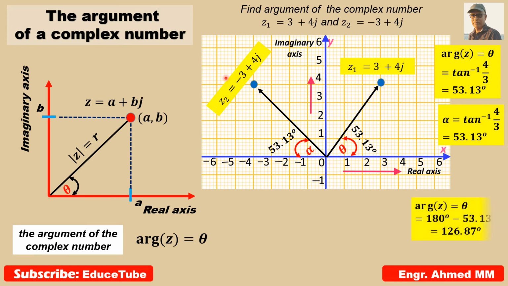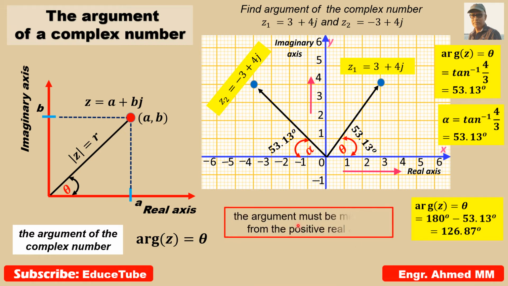The reason is, here I have written that the argument must be measured from the positive real axis. Our first number was measured from the positive real axis to get 53.13, but this one we did not get from the positive real axis. That is why I put another angle to measure from the positive real axis.